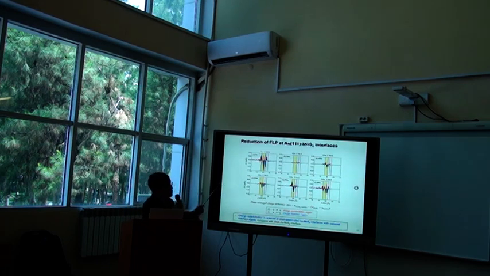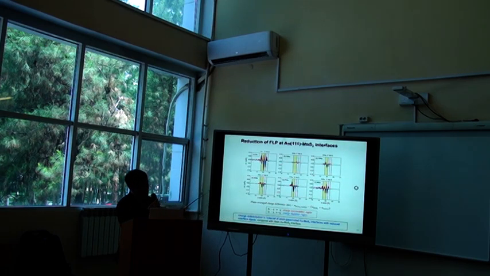Also, to understand from another angle, we calculated the charge density distributions at the interfaces. The clean surface shows strong Fermi level pinning, and there is much fluctuation in the charge distribution at the interfaces. After putting in the atomic species, the fluctuation is much reduced. So you can find here also the reduction of Fermi level pinning.